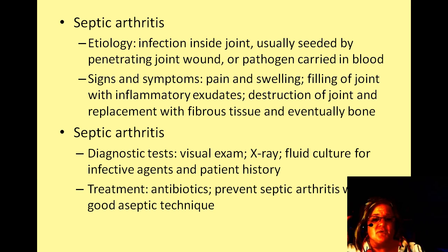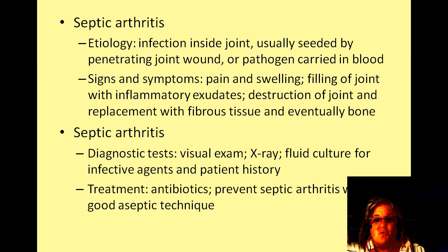Septic arthritis. So you're going to come in, maybe the doctor does a patient history on you, and you have some pain and swelling, and he notices maybe that your joint is full of fluid and maybe pussy stuff. It might even be oozing because it's so edematous. It might be hot.